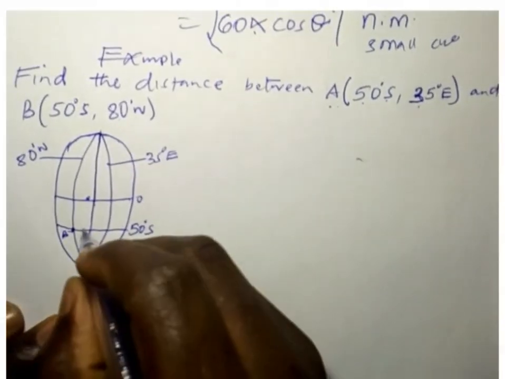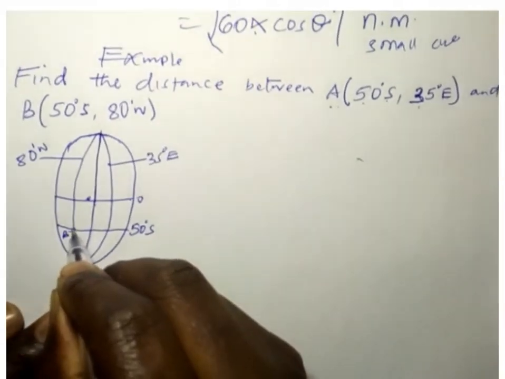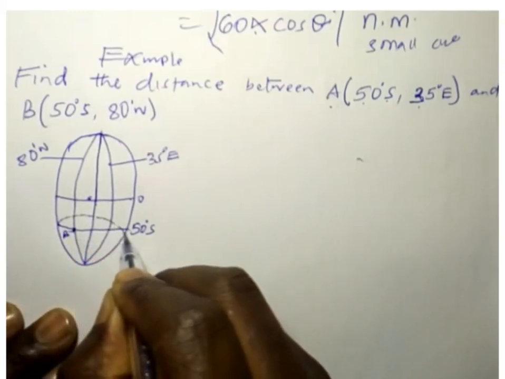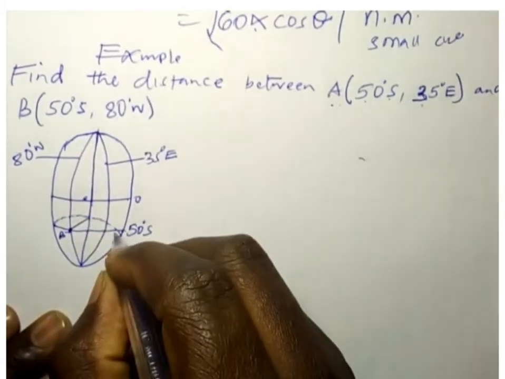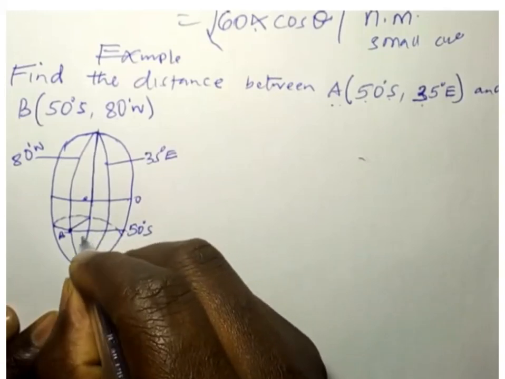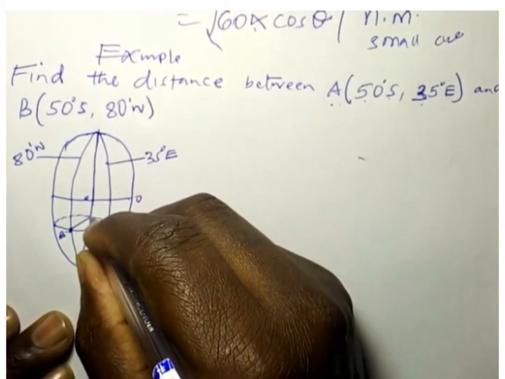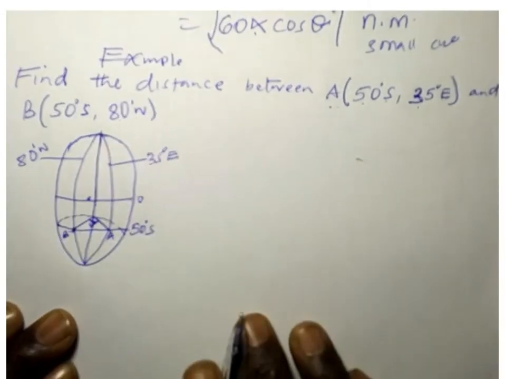Because this is a small circle, we will draw the circle like this. So where is the center? The center is here. Point A is here, P is here. So this is our center, and the angle difference is this theta here.